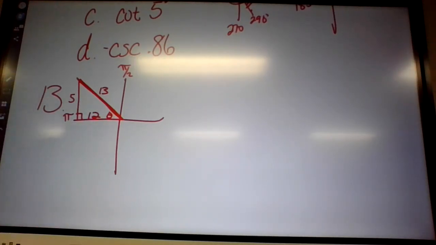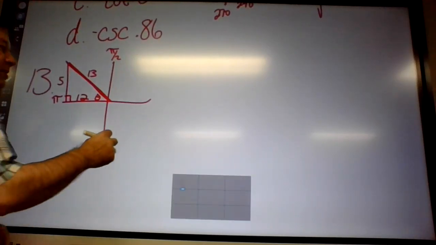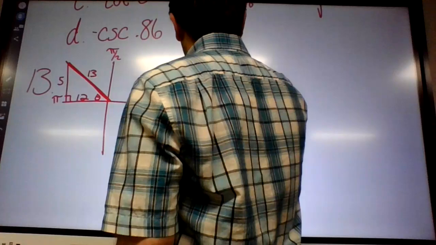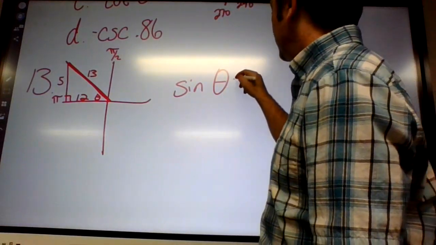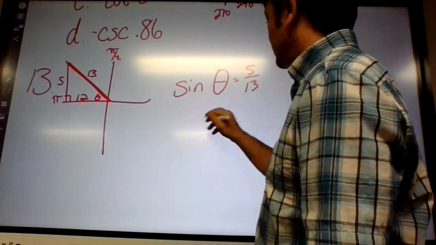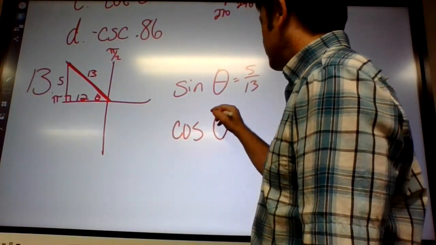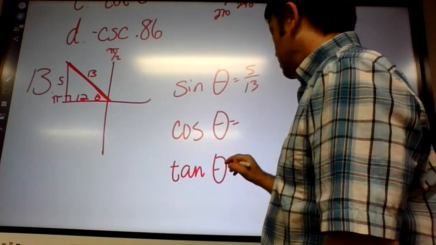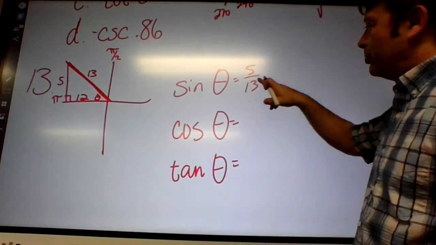Then we're supposed to state the other 5 trig functions. So they gave us sine, so I'm going to go ahead and write the sine one down, it'll help. They gave us this one, but I'll go ahead and write it. What goes with sine?